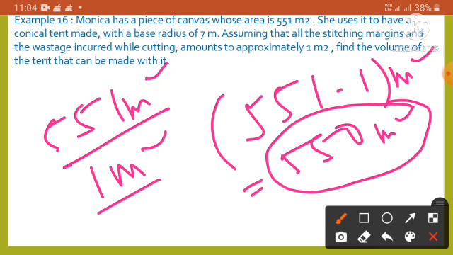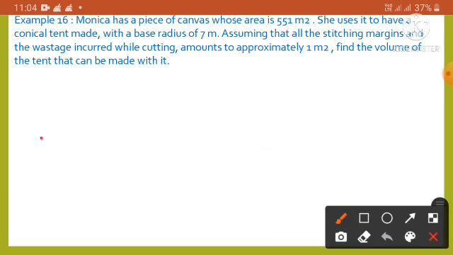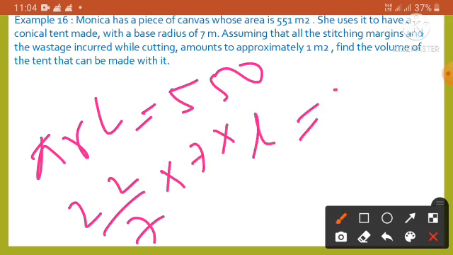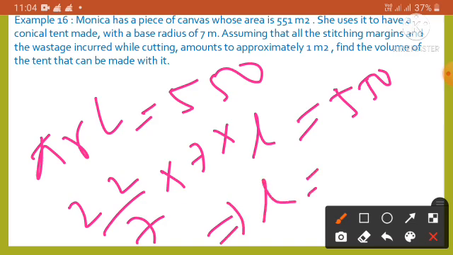So the curved surface area of the tent will be 550 meter square. That means we can write pi r l equals 550. So 22 by 7 into 7 into l equals 550. From here we get l equal to 25 meter.